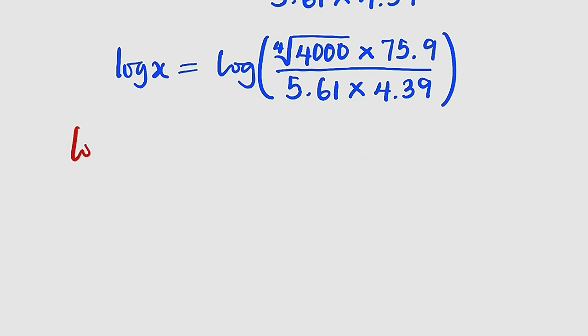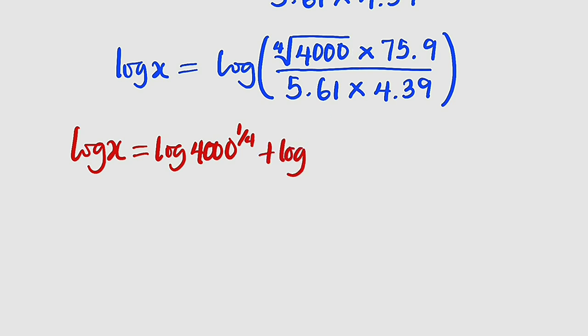So we have log of x equal to, and you should know that this is the same thing as 4000 to the power of 1 over 4. So this is log of 4000 to the power of 1 over 4. Then instead of this, we have addition, plus log of 75.9.